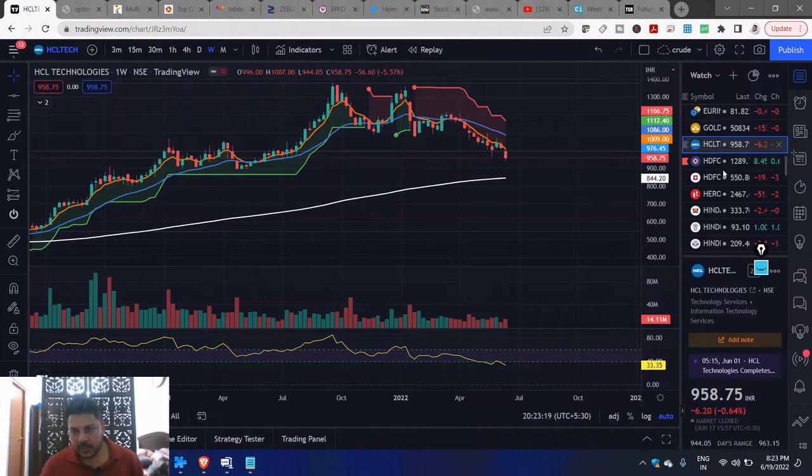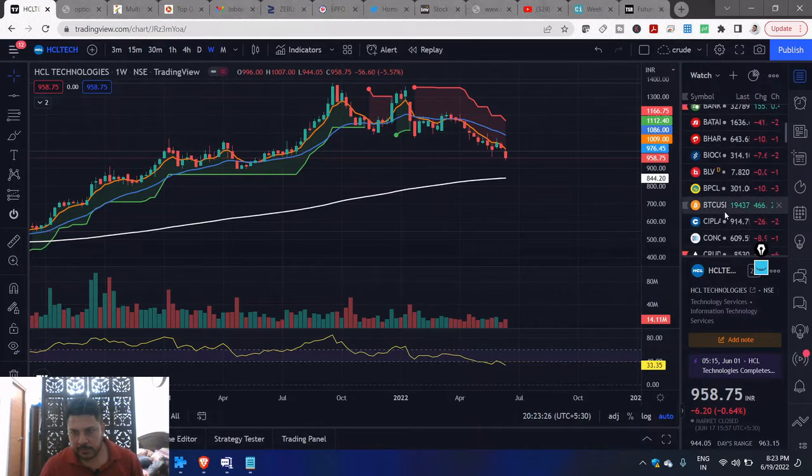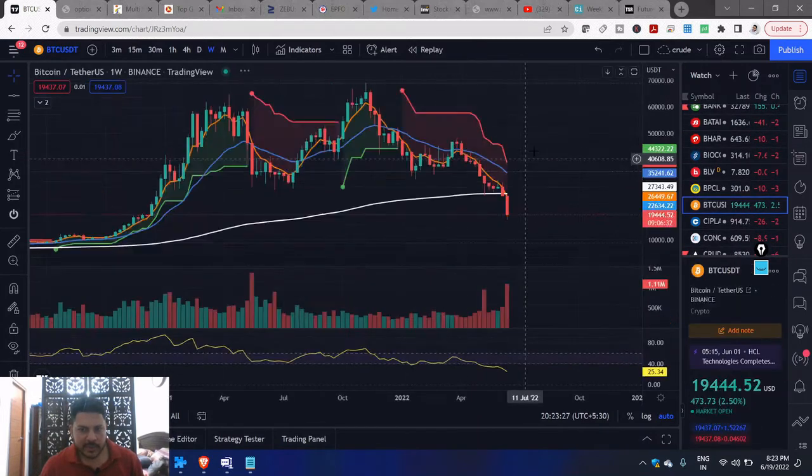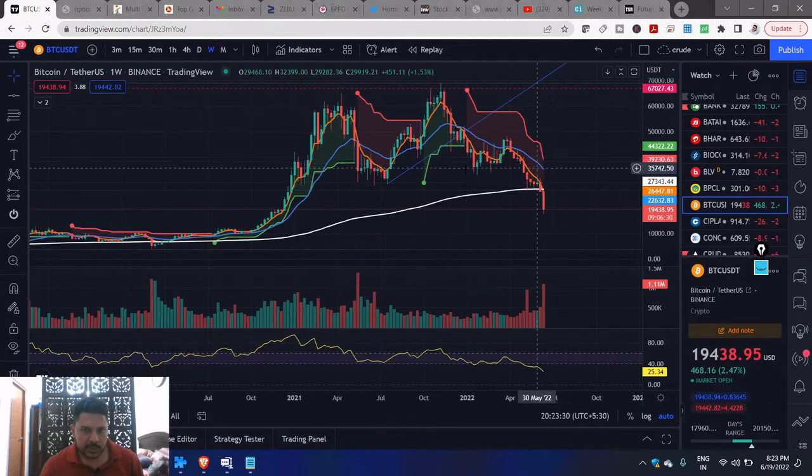So let's look at Bitcoin also, and let's see what's happening there. Wow, it's at 19,000 now. So here you can see the price action is violated completely. It's not making a higher high. First it made a higher high, then a higher low, higher high, then a higher low. But once this low is broken, and it has broken this support also, the next holding position is the 200 period moving average for Bitcoin.